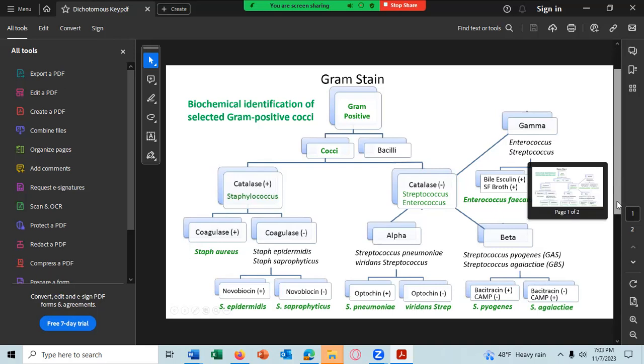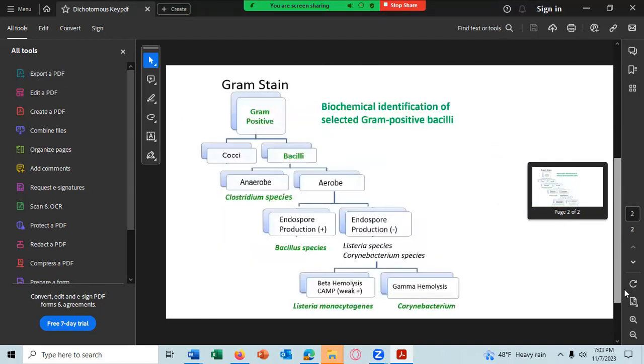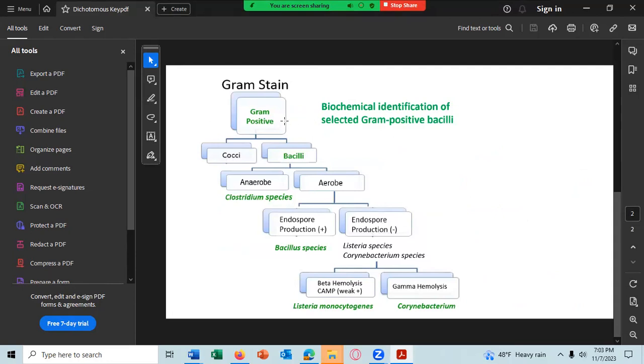Okay, I'm not going to go through all the rest of the key, but let me go to page 2 of the key. This is looking at the gram stain. So it's gram positive, and then looking at the shape, bacilli, and then separating into anaerobes and aerobes. If it's an anaerobe, it's a Clostridium species. If it's an aerobe, it's either Bacillus, Listeria, or Corynebacterium families.